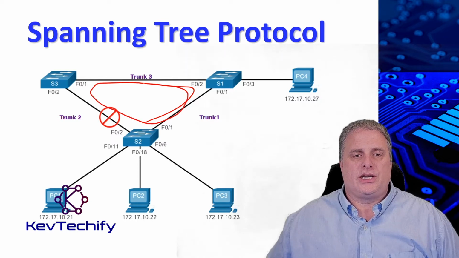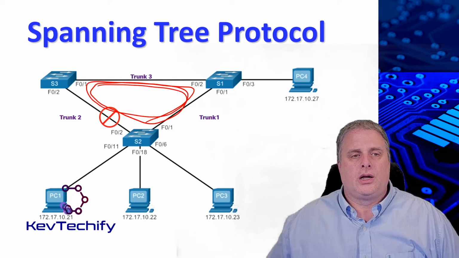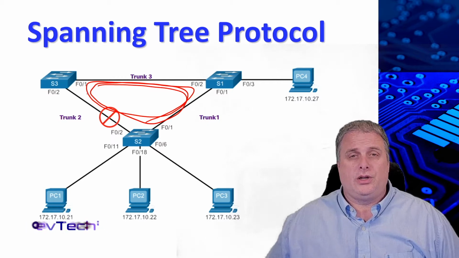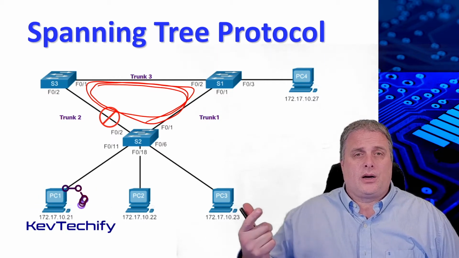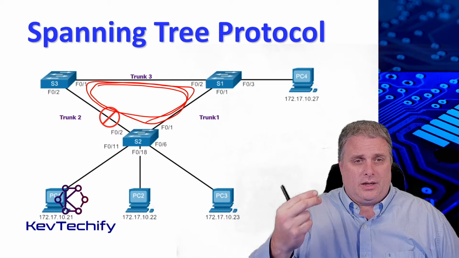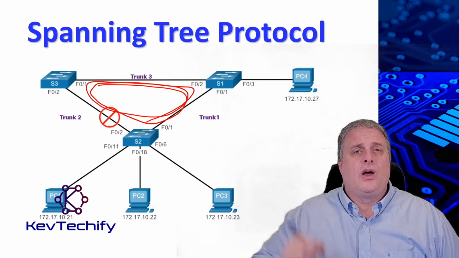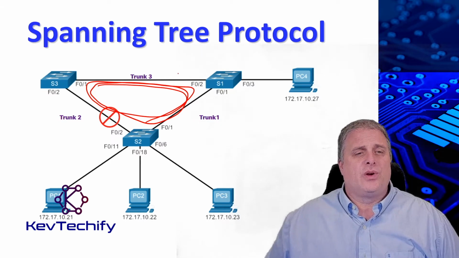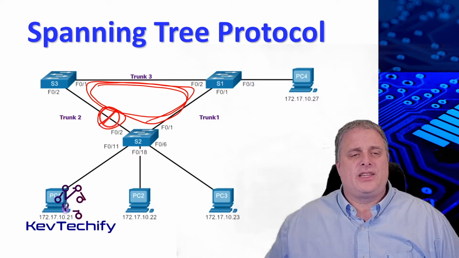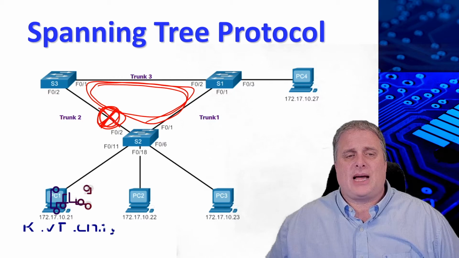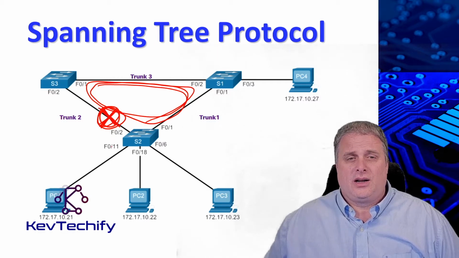And so it could continually loop around, causing congestion, using RAM and processor, and just slowing down your network in general. What spanning tree does is it realizes that this loop exists and it's going to shut down this connection. So it's going to stop this connection right there.